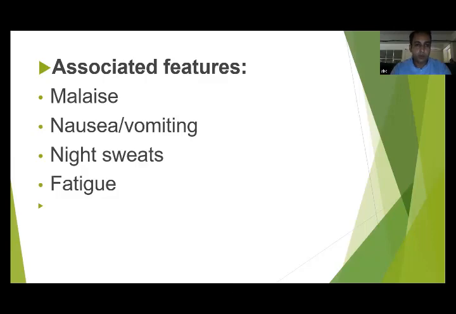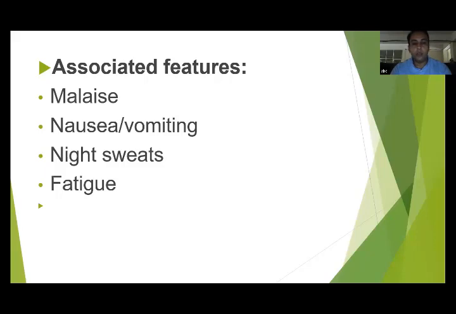With nausea and vomiting, think about a gut infection, biliary tract infection, hepatitis, IBD, or gastritis. If the patient gives a history of night sweats, think about TB, or malignancy, especially hematological malignancy like lymphoma, where the patient sweats so much at night that the bed is totally wet in the morning. The patient may also have fatigue, arthralgia, arthritis, and cough.